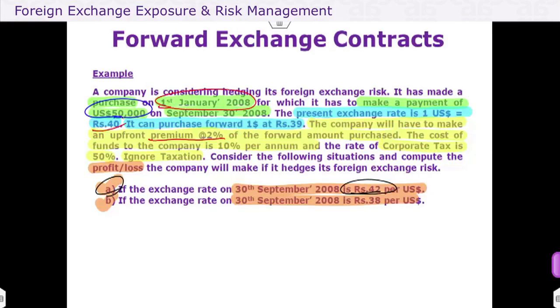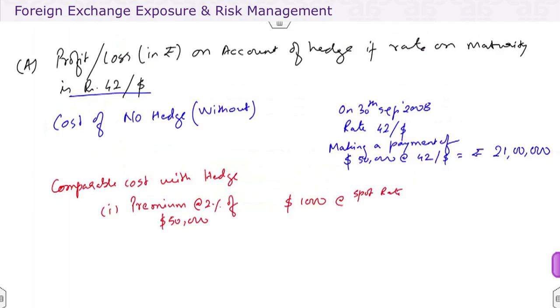At that time the spot rate is 40. Actually, at the spot rate of 1st Jan 2008, you pay how much rupees? 40,000. This is one cost.